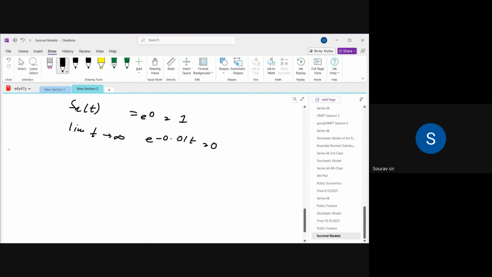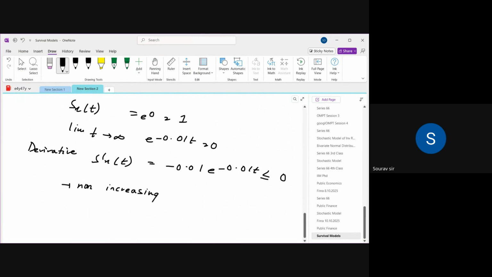So the derivative of S_x(t) is equal to minus 0.01 e to the power minus 0.01t. So that means it is always non-increasing, and always in [0, 1].